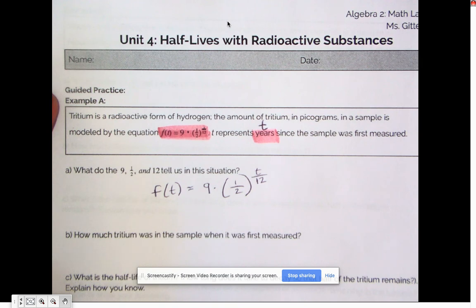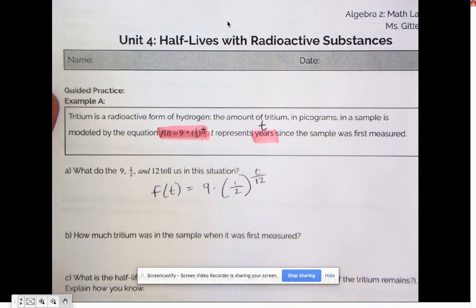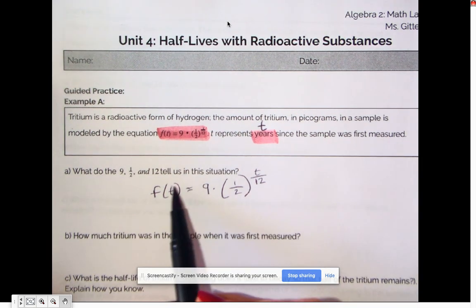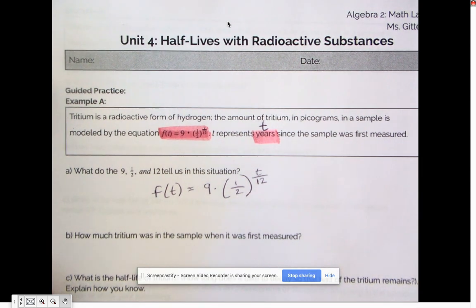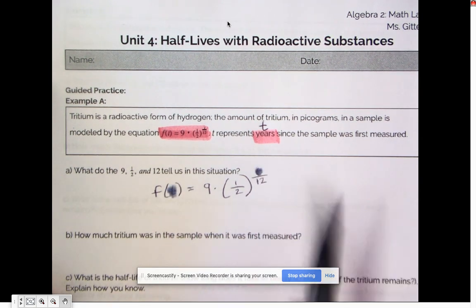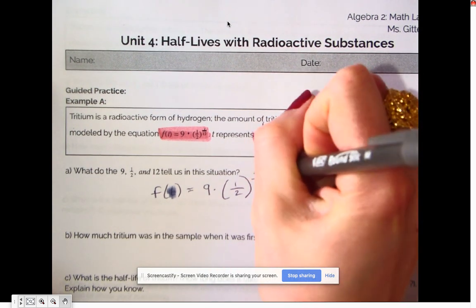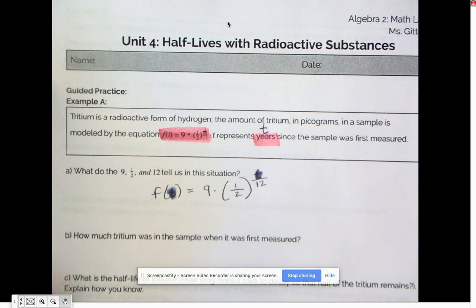Okay, the t I already know represents the years. So I'm just going to actually label that. So this t and this t, the input into the equation, both represent the unit of years.